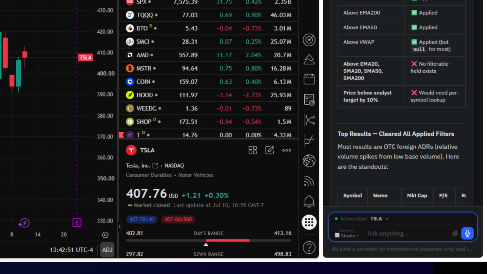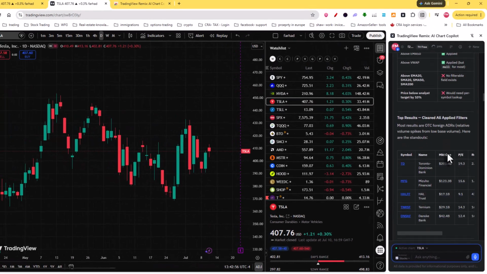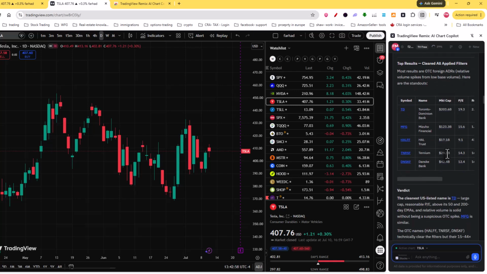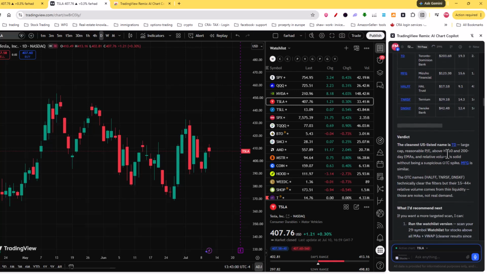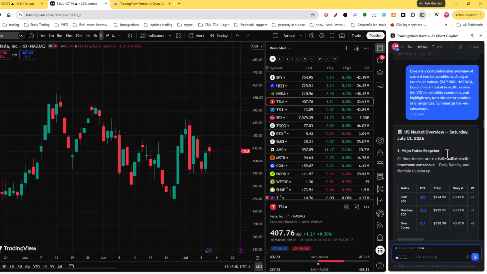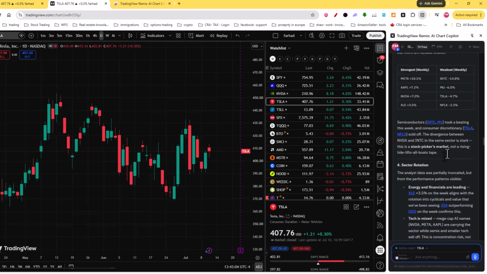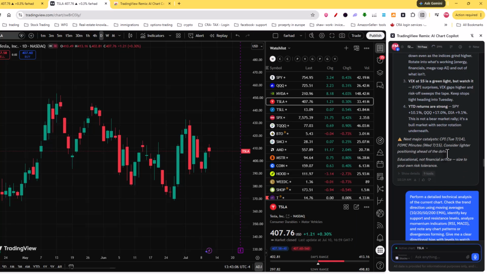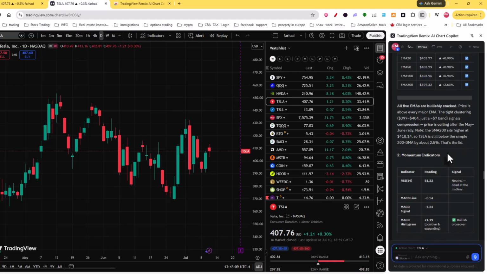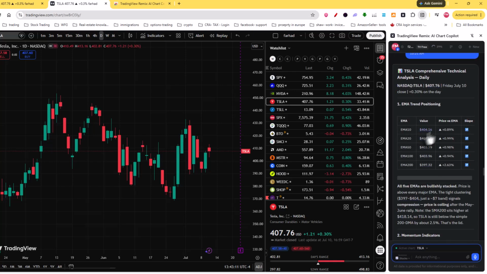It gives you all the market cap. Of course, we know all these. The reason I like to see that is I want to see the area of support and resistance. So as you know, here is Tesla. Tesla EMA 10, 404.